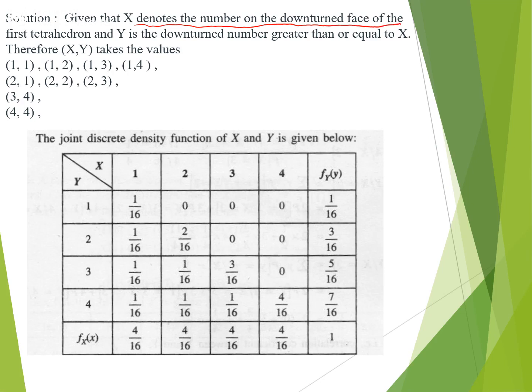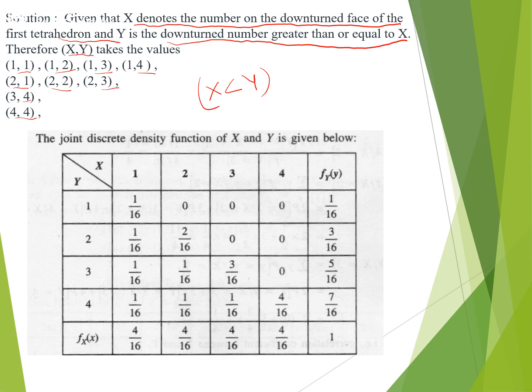So the solution of the previous example: we are given that x denotes the number on the downturned face of the first tetrahedron and y is a downturned number greater than or equal to x. Therefore, the random variable (x, y) takes the values (1,1), (1,2), (1,3), (1,4), (2,2), (2,3), (3,4) and (4,4), because x is always less than or equal to y.